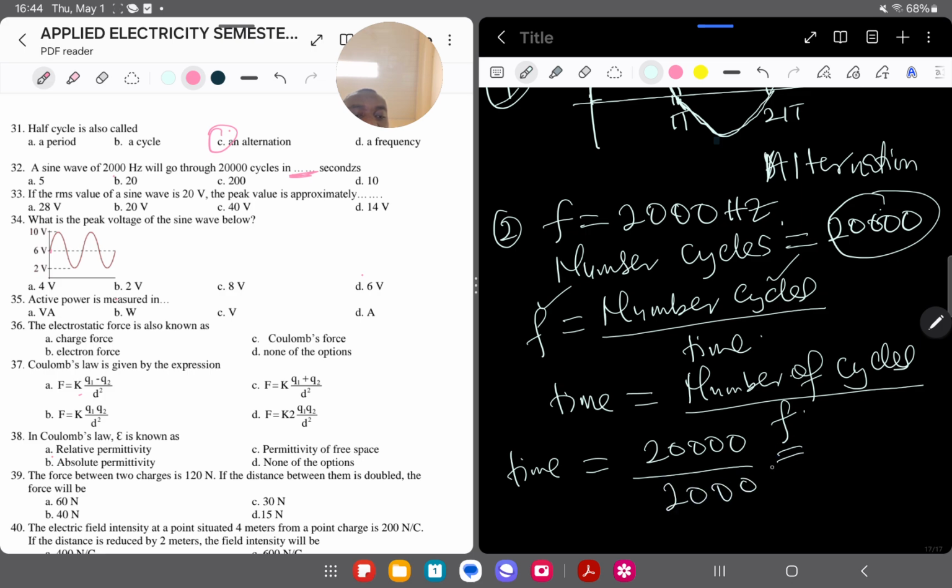This gives us 10 seconds. So the answer here is D. We get the answer for question 32 to be D.